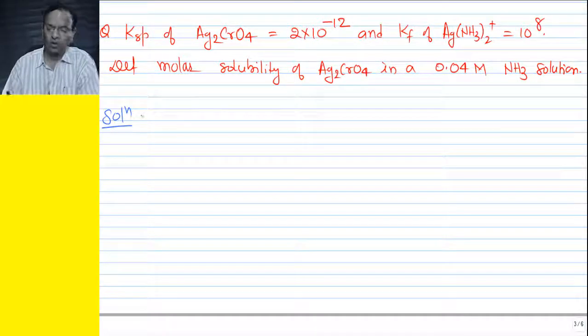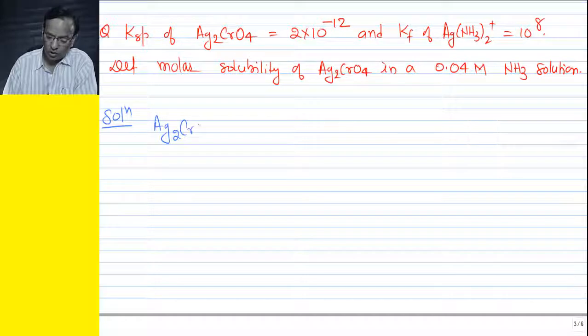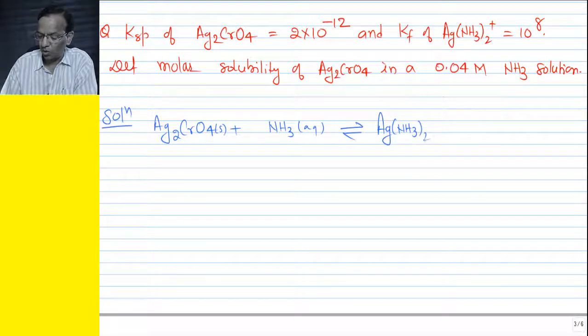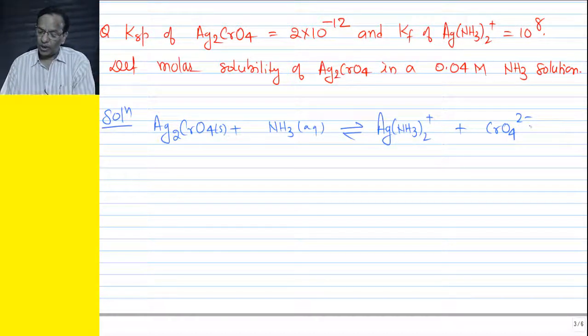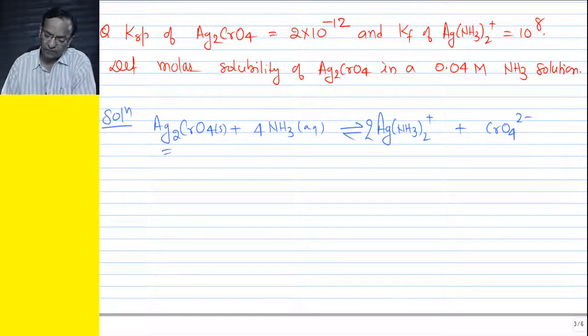The dissolving reaction by complex formation can be written as Ag2CrO4 plus ammonia giving the same complex Ag(NH3)2 plus and CrO4 2 minus. So here we have 2 silver on the left, so this must be 2. So 2 into 2, 4 ammonia.